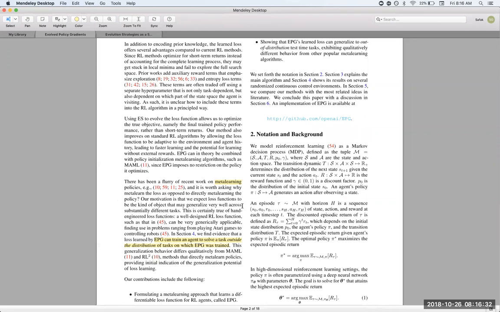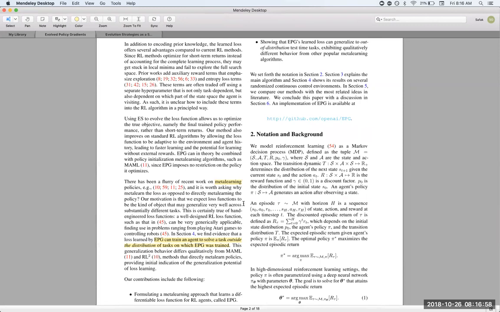They were working on another algorithm called Reptile. I think it's still actually under research. And there are several meta-learning algorithms that OpenAI has been working on. And actually, according to their blog and according to this paper, none of these meta-learning algorithms really do the job well.